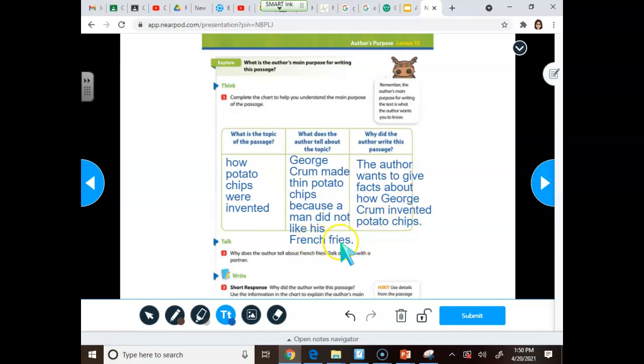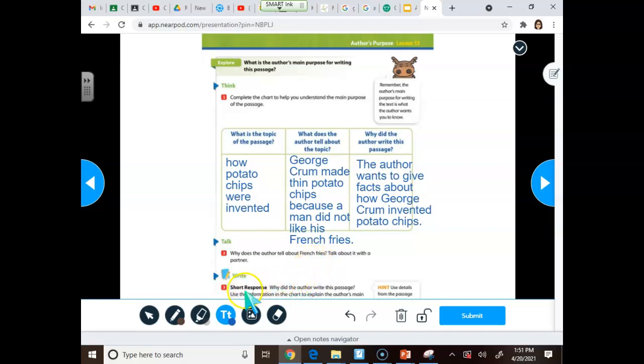He was making his French fries thinner when he created the potato chips. So it was by mistake that he invented the potato chips. So it is an important detail that he included that he was making French fries. That is a detail that we need to include.